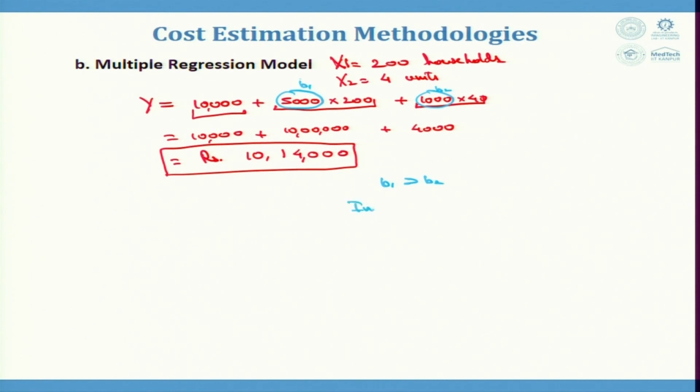So, that means influence of B1 is larger than influence of B2.